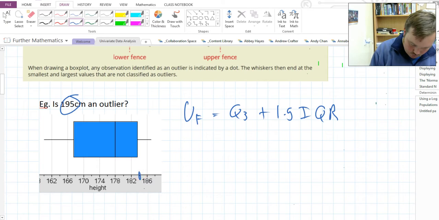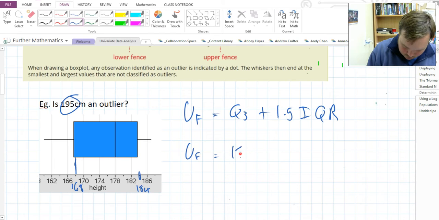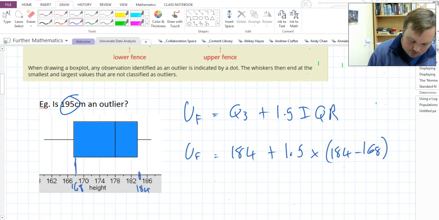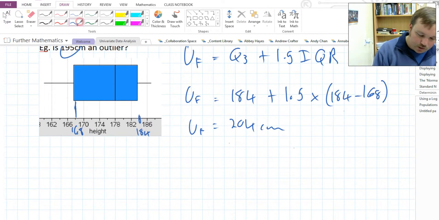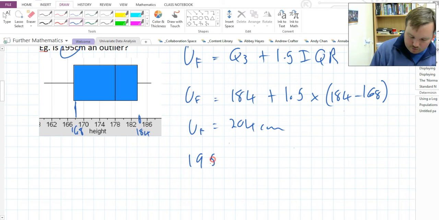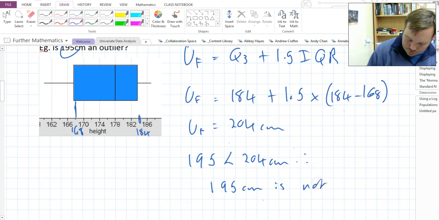Q3 there would be 184, the lower one is 168, meaning the upper fence is equal to 184 plus 1.5 times 184 take 168, and if you throw that in your calculator, the upper fence will be 204 centimeters. Now note, if you're answering these type of questions, you must include this next bit. You would have to say 195 is less than 204 centimeters, therefore 195 centimeters is not an outlier.